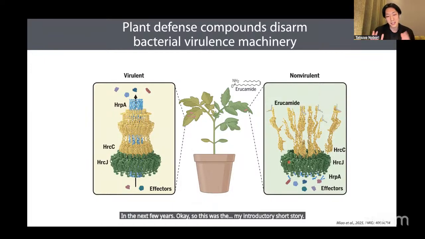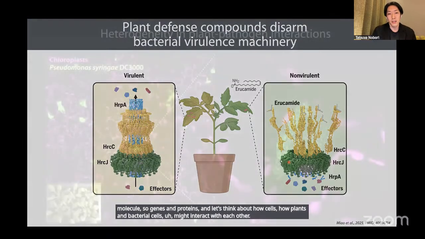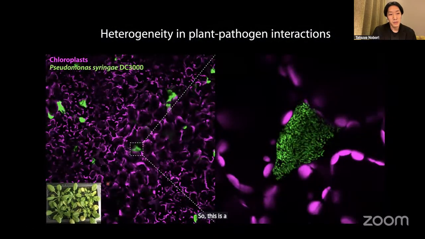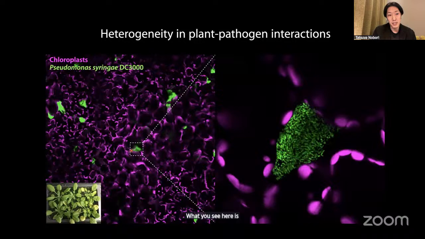But now let's step back a little bit from talking about each molecule, so genes and proteins, and let's think about how plant and bacterial cells might interact with each other. So this is a confocal image of an Arabidopsis leaf infected by a bacterial pathogen with GFP. What you see here is a heterogeneous pathogen colonization in the plant.